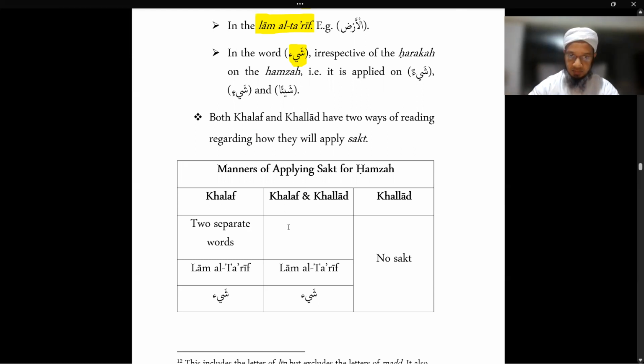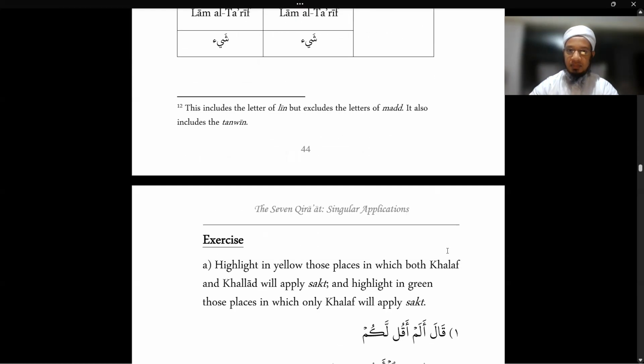So this is the second way for Khalaf, the lam ta'rif and shay' only, excluding 2 separate words. And that is how Khallad also applies sakt. Khallad recites with sakt on the lam ta'rif and shay', but not on 2 separate words. But then you also have the option, when reading for Khallad, to not apply the sakt at all.